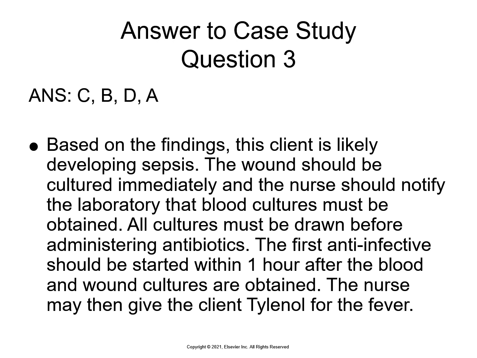Once that's done, then you're going to hang that vancomycin within an hour after the blood and wound cultures are obtained. Quickly. Then, at the very last, you're going to give them Tylenol for the fever. So first of all, you've got to get your cultures. Then, once they're done, you have to give the vancomycin or the anti-infective, whatever they order.